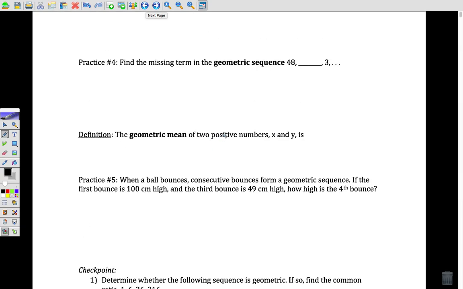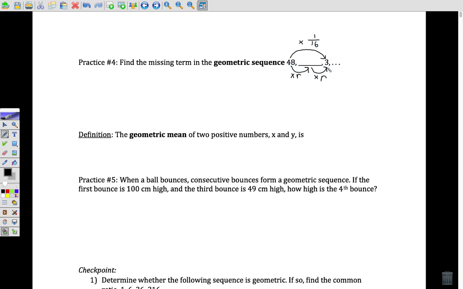In this next one, we're only missing one term in the geometric sequence. I only need one missing term, not 2. So from 48, I'm going to multiply by something to get the second term. From the second term to get 3, I multiply by r again. Now, if I were just to go from 48 to 3, I could have multiplied by 1/16.